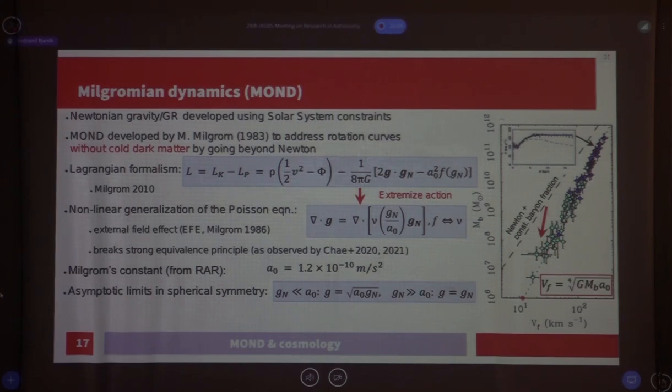Now, another thing to understand about this is that in Newtonian gravity, if galaxies had substantial amounts of dark matter, if you put in the usual cosmic fraction of baryons to dark matter, the galaxies would follow this dashed line, which is completely wrong.